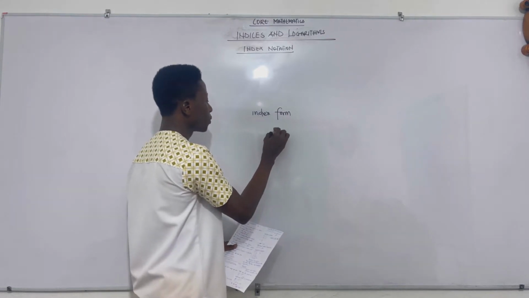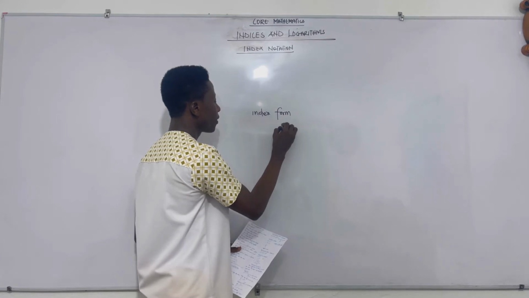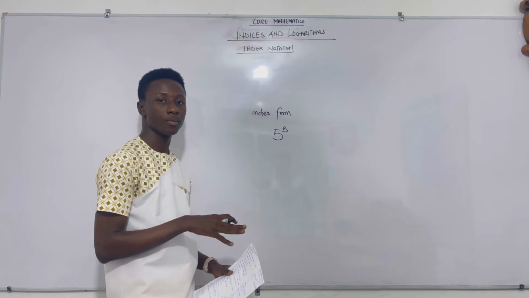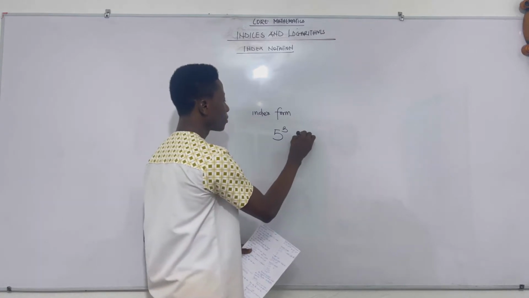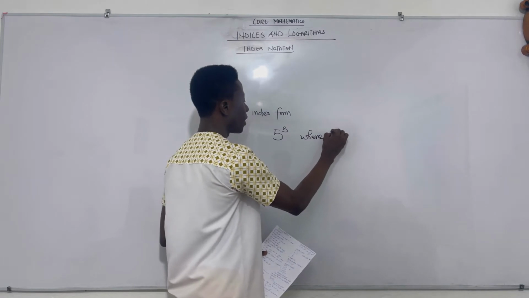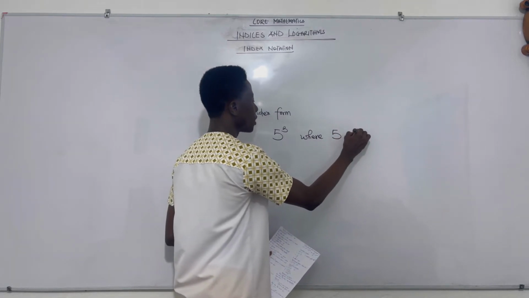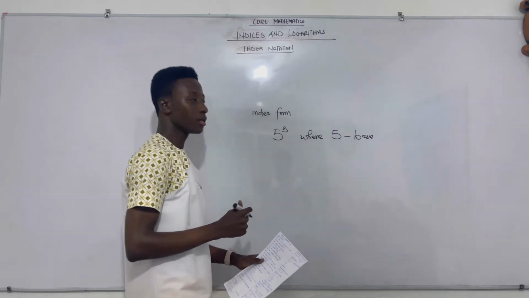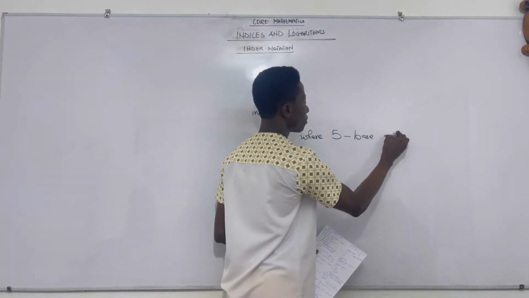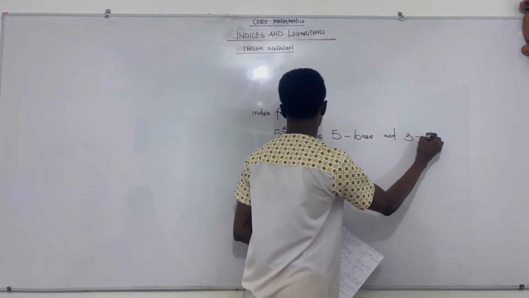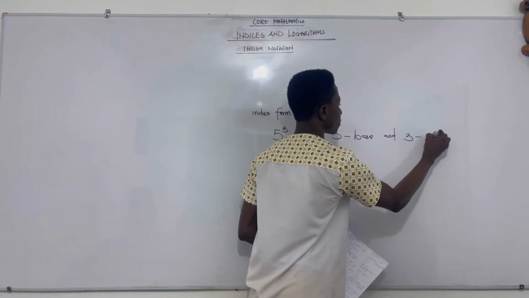For example, 5 exponent 3 is written in an index form, where the 5 there represents the base. The 5 is called the base, and the 3 is called the index.